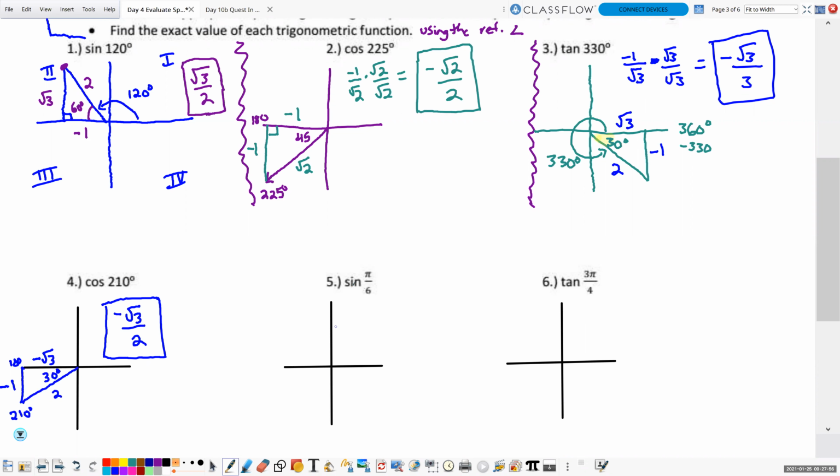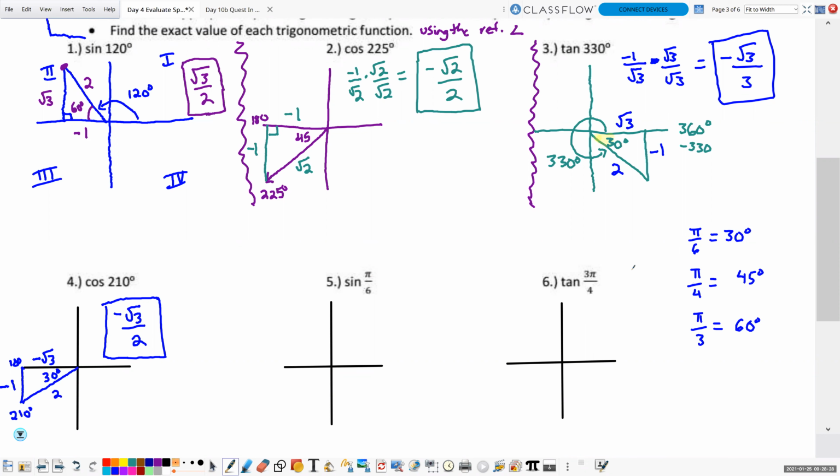All right, so number 5 is pi over 6. I told my kids, some people can think in radians, some people have to convert them all the time. And I recommended that my students put on their note card, their little summary sheet, that pi over 6 is 30 degrees, that pi over 4 is 45 degrees, that pi over 3 is 60 degrees.